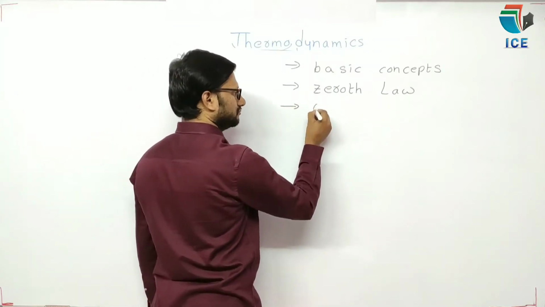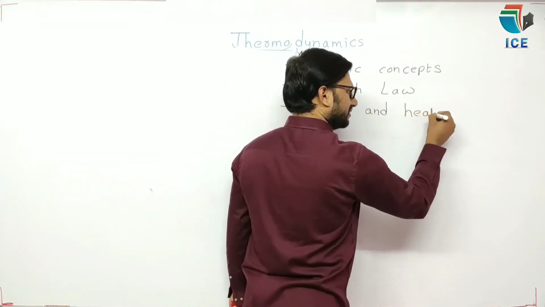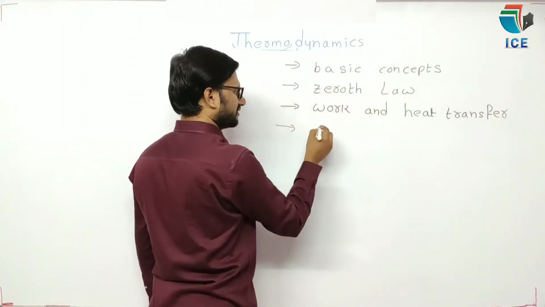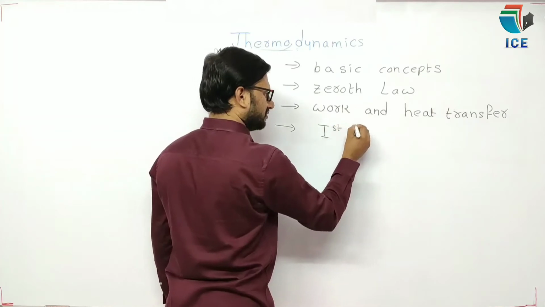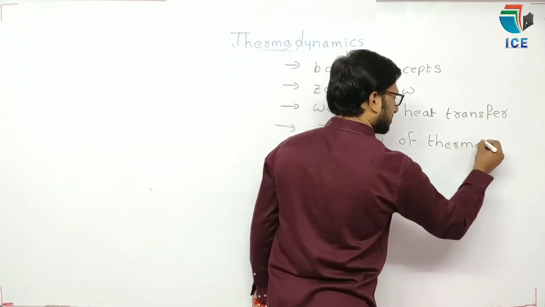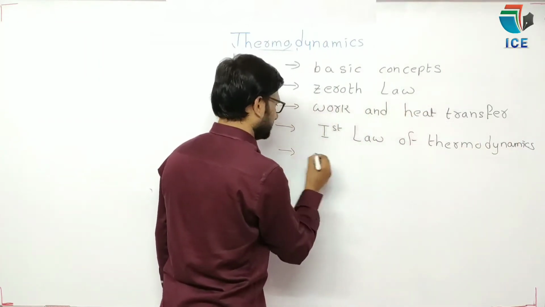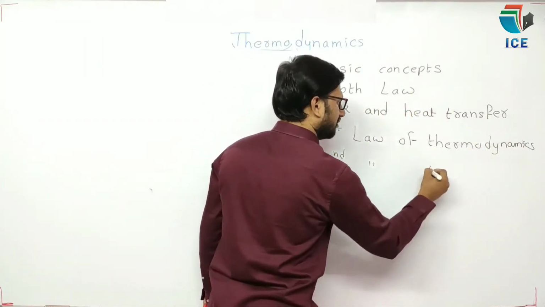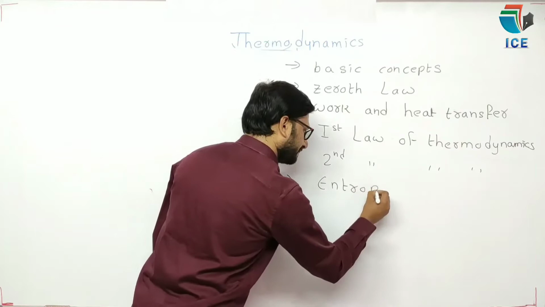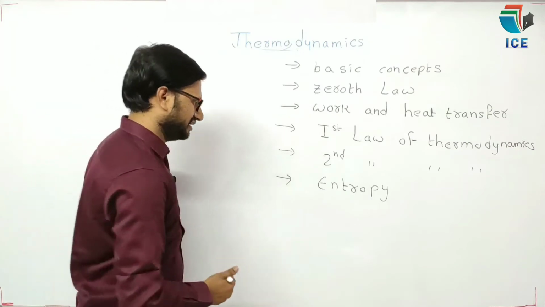Next, work and heat transfer. First law of thermodynamics. After that, second law of thermodynamics. Next, entropy chapter. The entropy chapter is very important, especially from the GATE point of view. Okay.